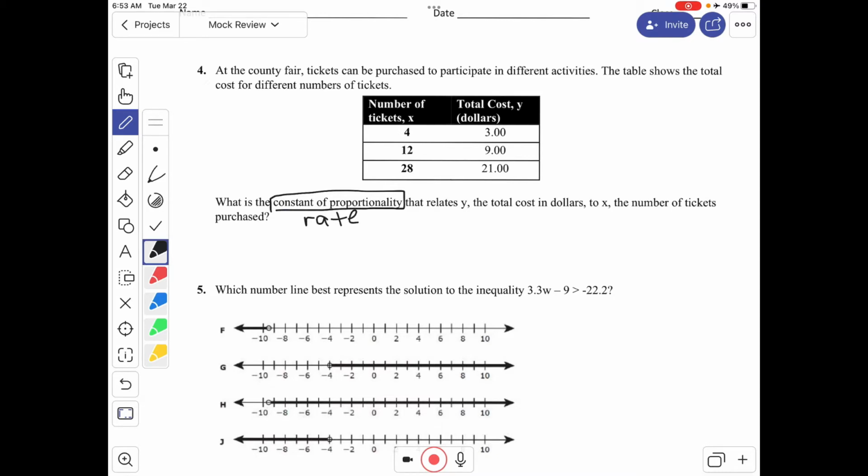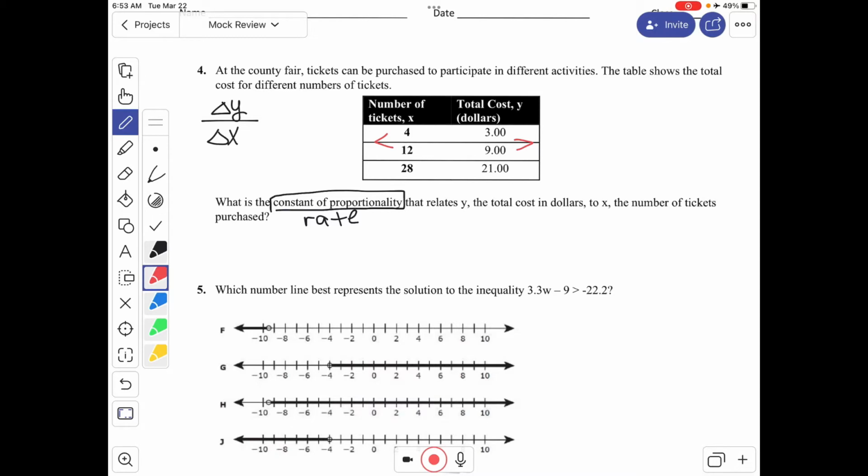So we're just trying to figure out the cost per ticket. Remember, we use change in Y over change in X to find rate or constant of proportionality. We also drew little carets on the side to help us, or we subtracted the two numbers. Either way, it's the same thing.